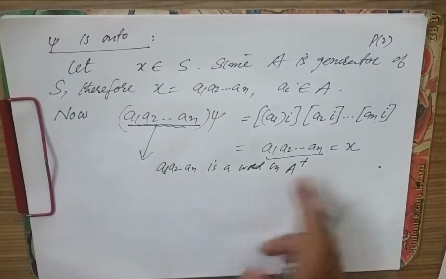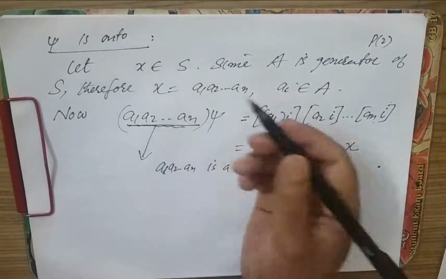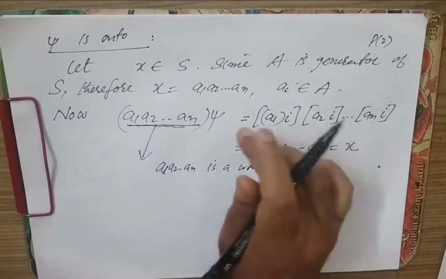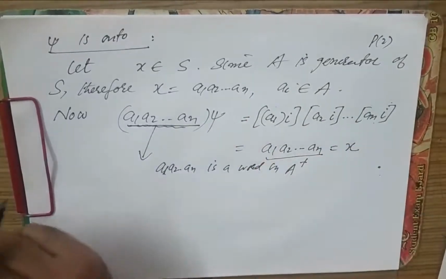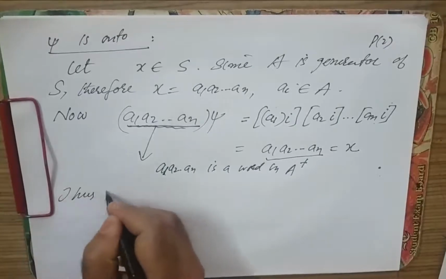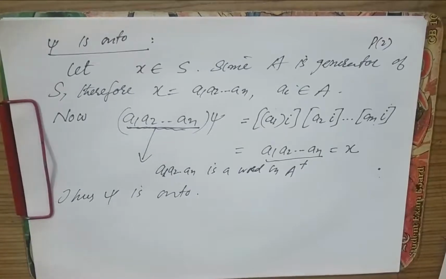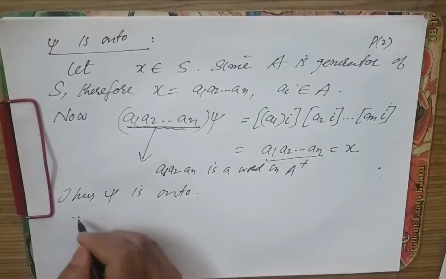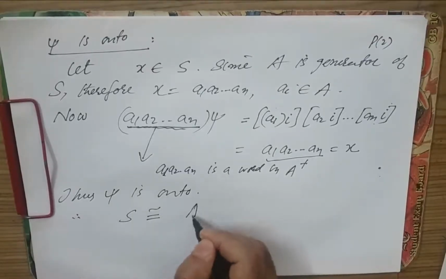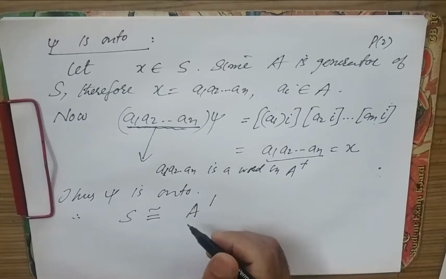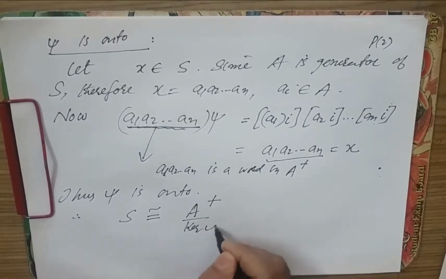So that means for any x which is the product of elements of A, say n elements, there exists a word whose letters are from A such that the image of that word is equal to this product, which is equal to X. So that's psi onto, it's an onto map. Therefore, as we already proved, S is isomorphic to A plus over kernel of psi.